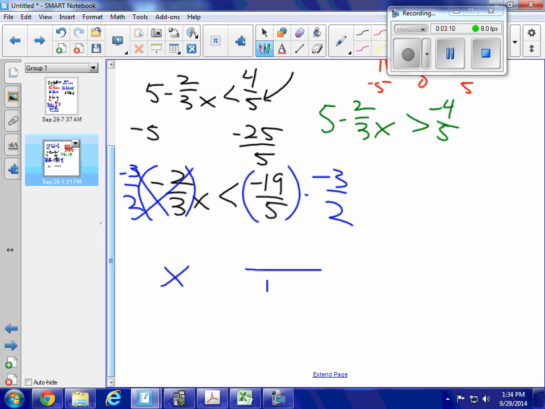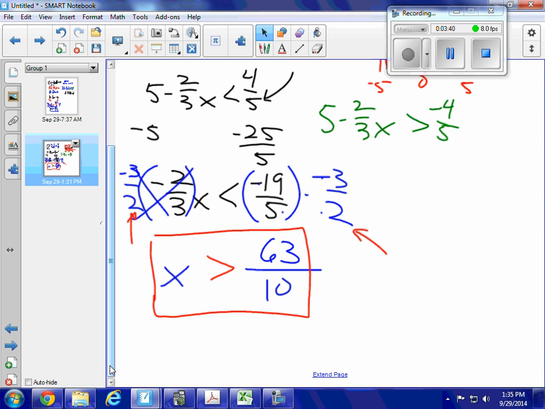So I'm going to have tenths, because 5 times 2 is tenths, and 3 times 19 is 57. And it's a negative times a negative, so it's going to be a positive. But, very important, since I multiply both sides by a negative number, I have to flip my inequality sign. So one of my solutions is going to be x is greater than 63/10.